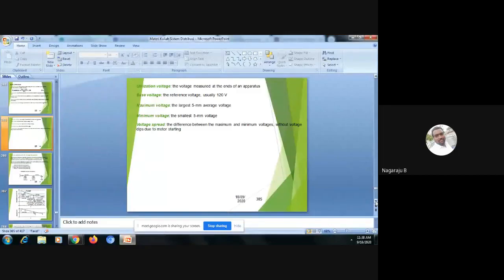That variation we take as the largest 5 minute average voltage value, which is the maximum value. Minimum voltage is the smallest 5 minute voltage. Voltage spread is the difference between the maximum and minimum voltage, without voltage dips due to major motor starting. These are the things you need to remember.